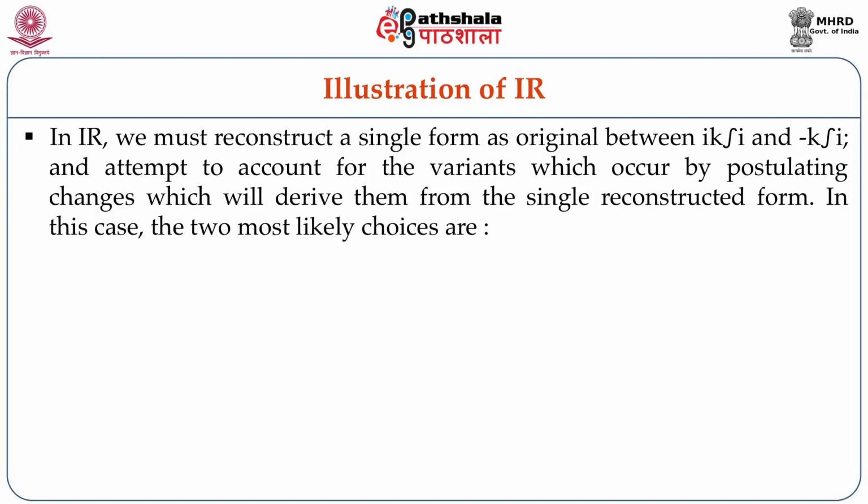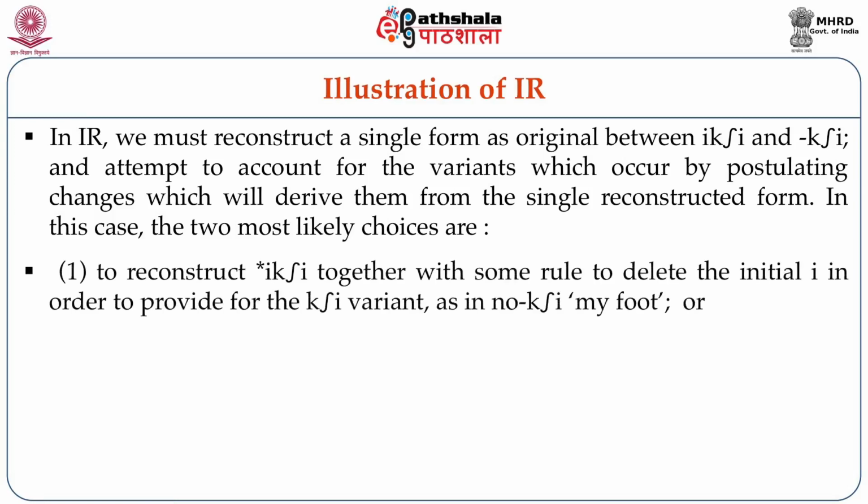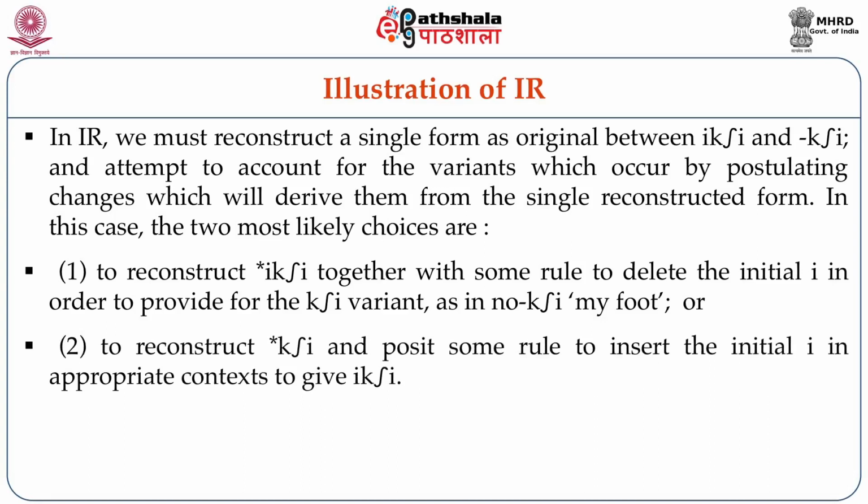In this case, the two most likely choices are: one, to reconstruct the full form ikji together with some rule to delete the initial i in order to provide for the kji variant, so in nokji, my foot, or two, to reconstruct kji and postulate some rule to insert the initial i in appropriate context to give ikji.